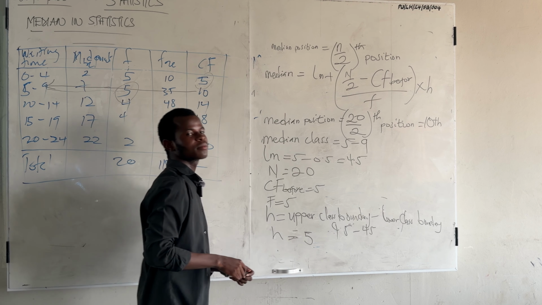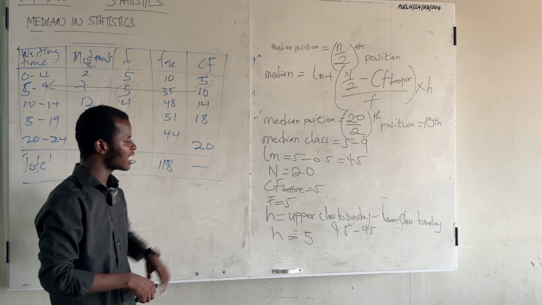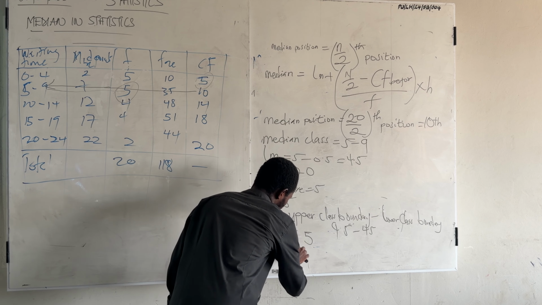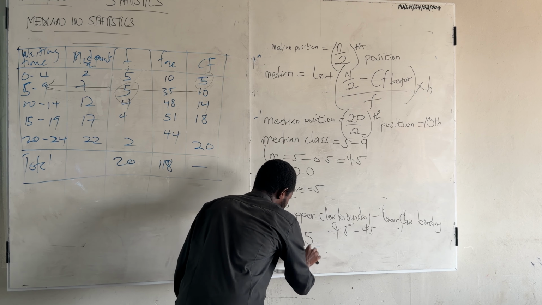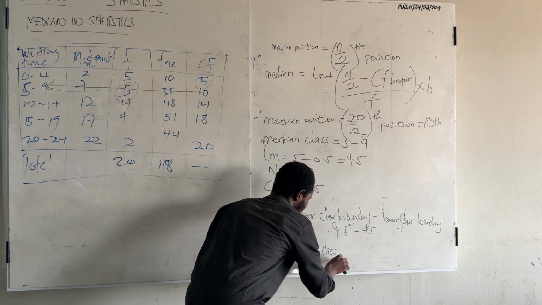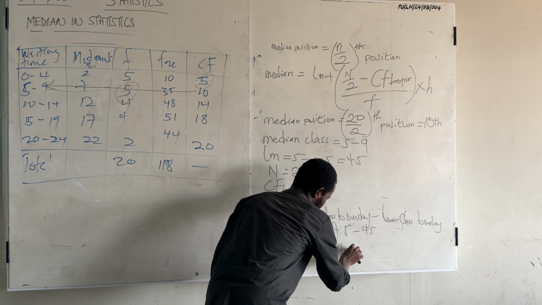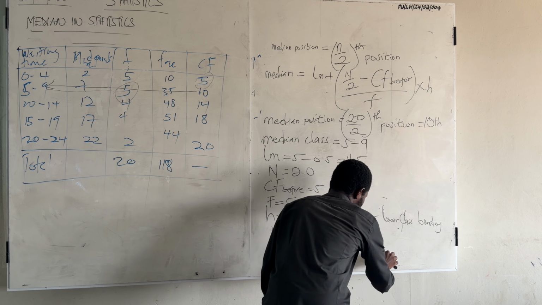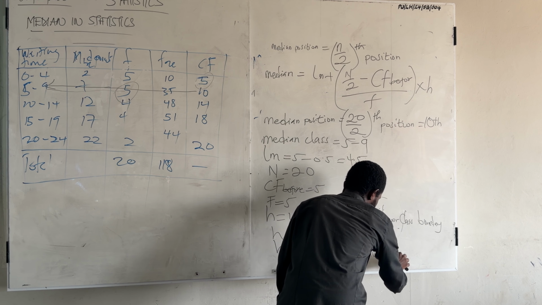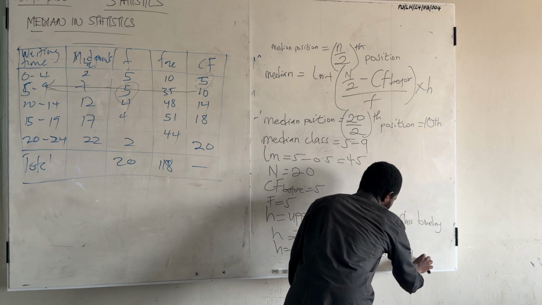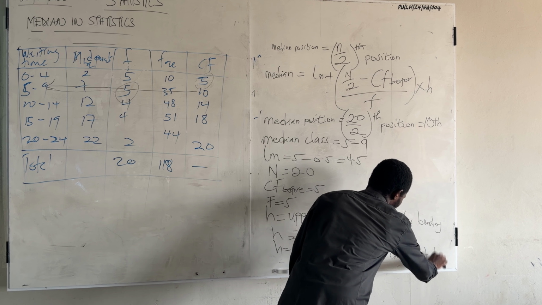Yes. You can also do the other way around, which is H is equal to upper class limit minus lower class limit plus 1.